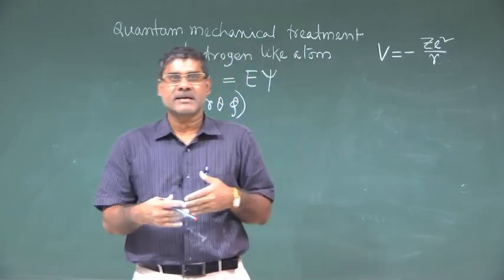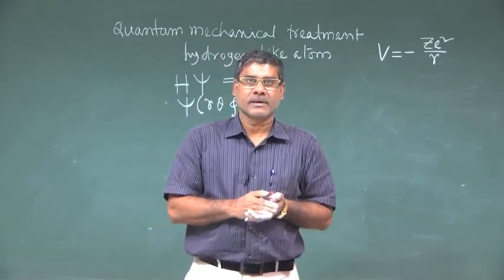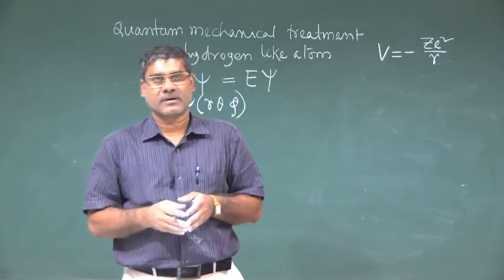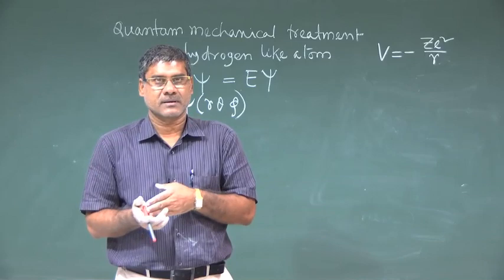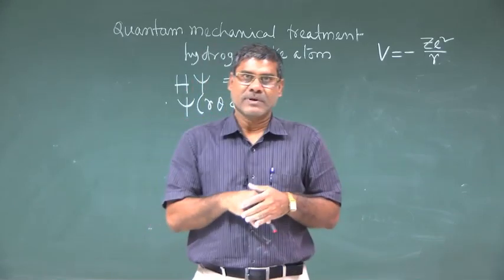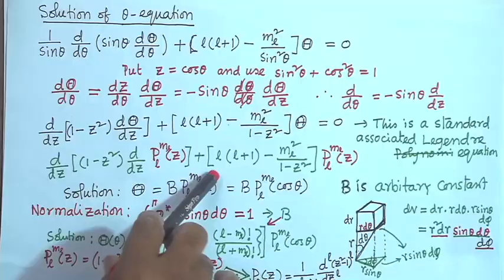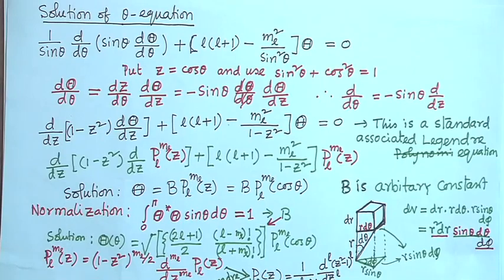is not representing the equation of any known polynomials. But here we will see that this theta equation basically follows the Legendre polynomial, it follows the equation of the Legendre function. Okay.